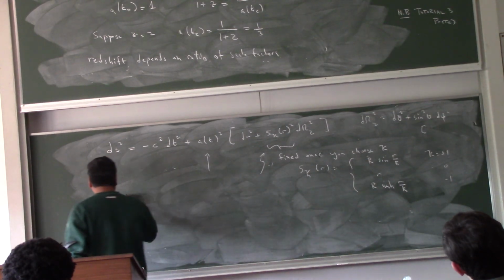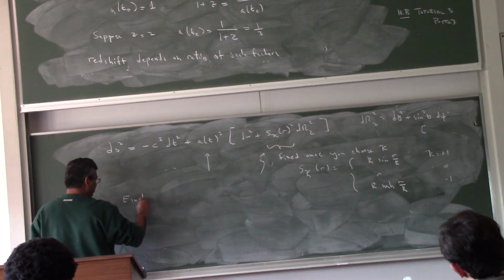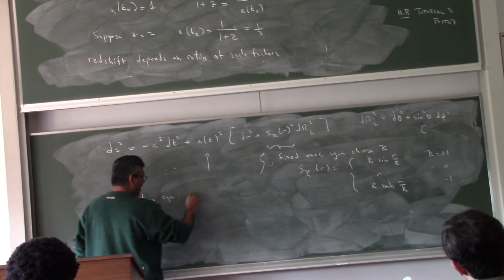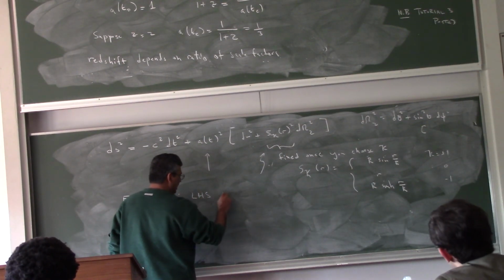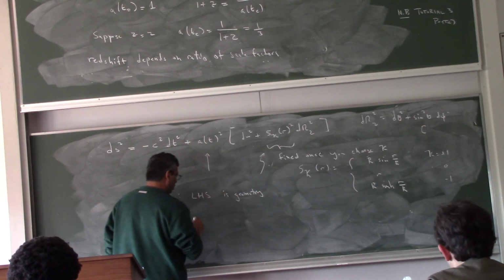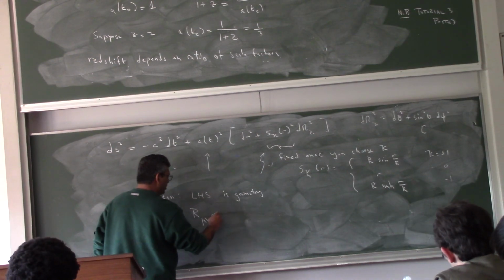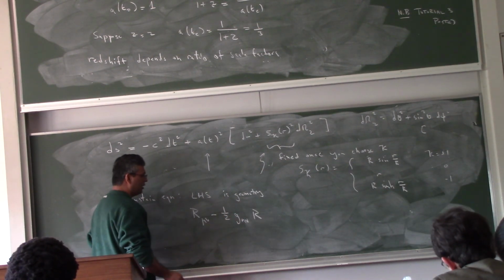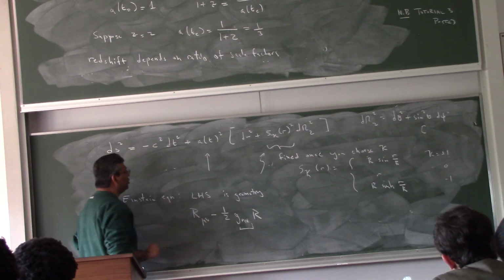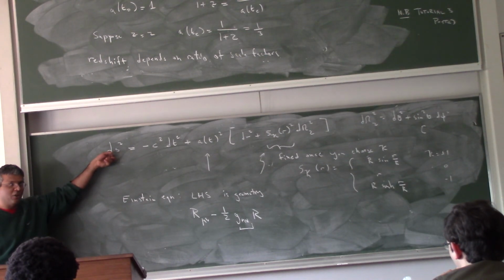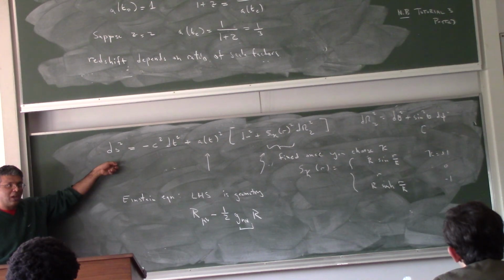What the Einstein equations tell us: the left-hand side of the Einstein equation is geometry. We have a term, which is R mu nu minus 1/2 g mu nu R. This object, g mu nu, is constructed from a line element. It's a matrix, and we discussed briefly how this matrix was written down last time.